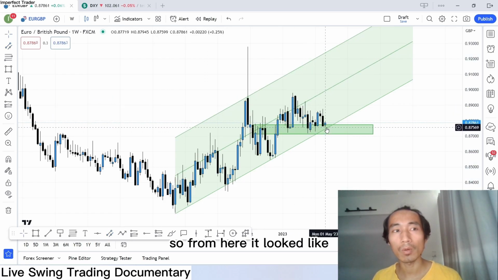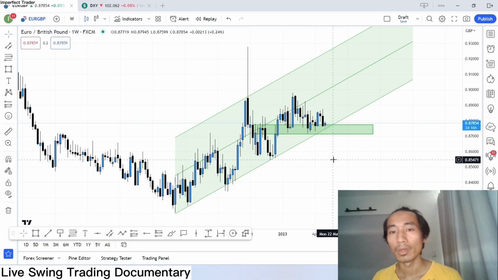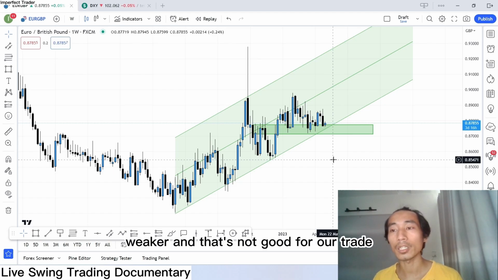So from here, it looks like Euro GBP is going to go up, and that means probably GBP is going to be a little bit weaker, and that's not good for our trade.